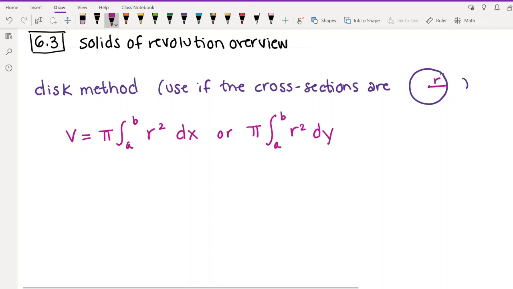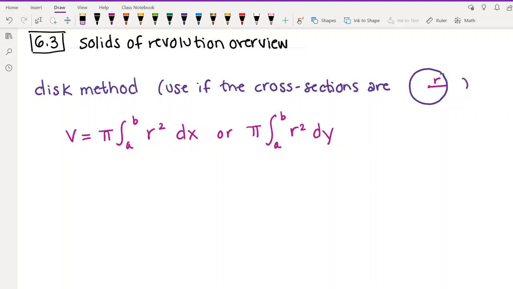But just to remind you, where does this formula come from? Because I think you'll be more likely to remember it if you know where it comes from. Why are we doing pi r squared in this one and then 2 pi r in the other one? Well, the pi r squared comes from the fact that we're adding up the areas of these cross sections. And why are we adding up their areas? Well, if you take the area and multiply it by a thickness, dx, that gives you the volume of each slice.